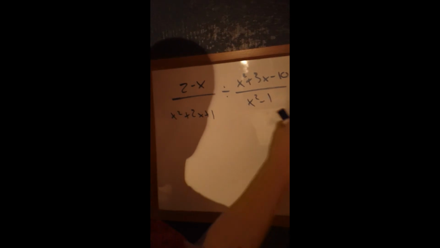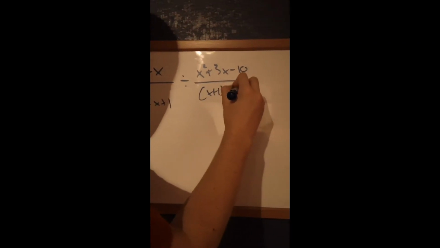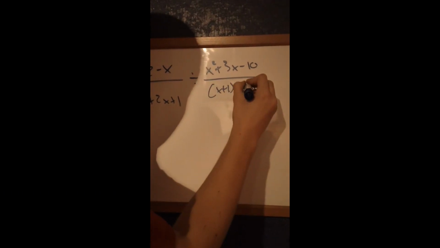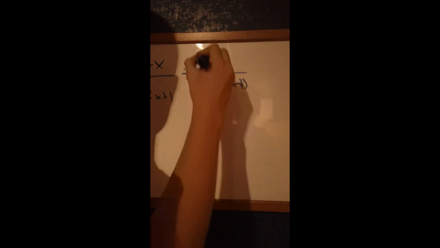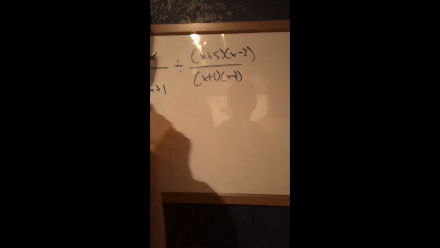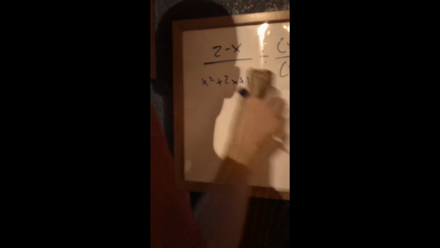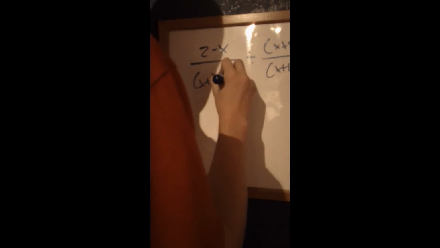Factor: x squared minus 1 becomes x plus 1, x minus 1. This becomes x plus 5, x minus 2. This becomes x plus 1, x plus 1, and that stays the same.